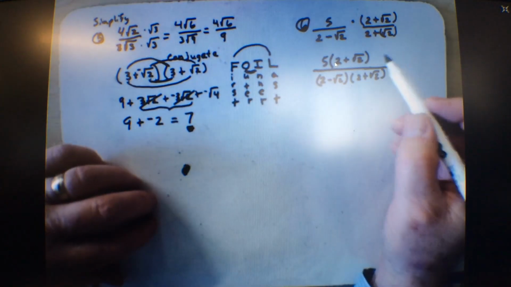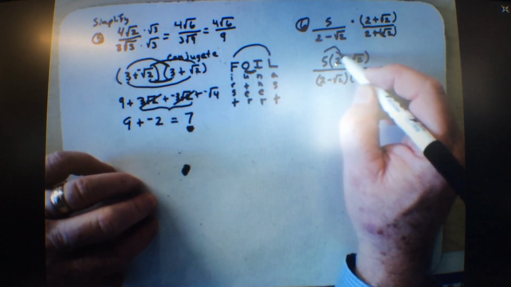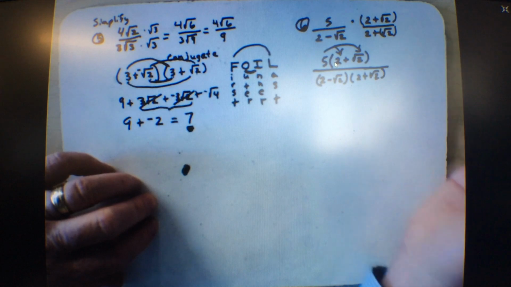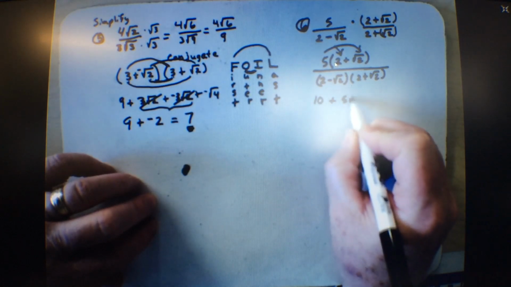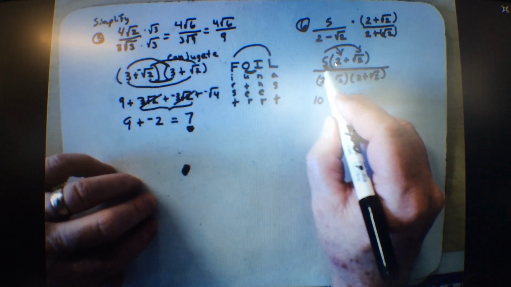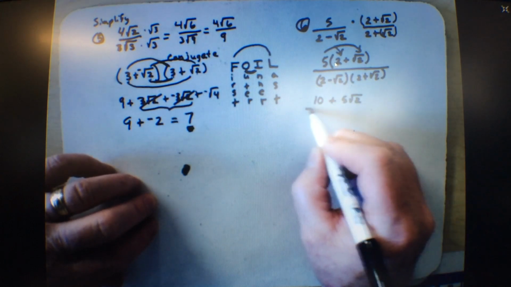All right, here we go. On the top, since this is not a quantity, we're just going to distribute this. Do you see that? So I'm going to have 10 plus 5 square root of 2, because I can't put these two together. This one's whole, this one's a radical. All over.